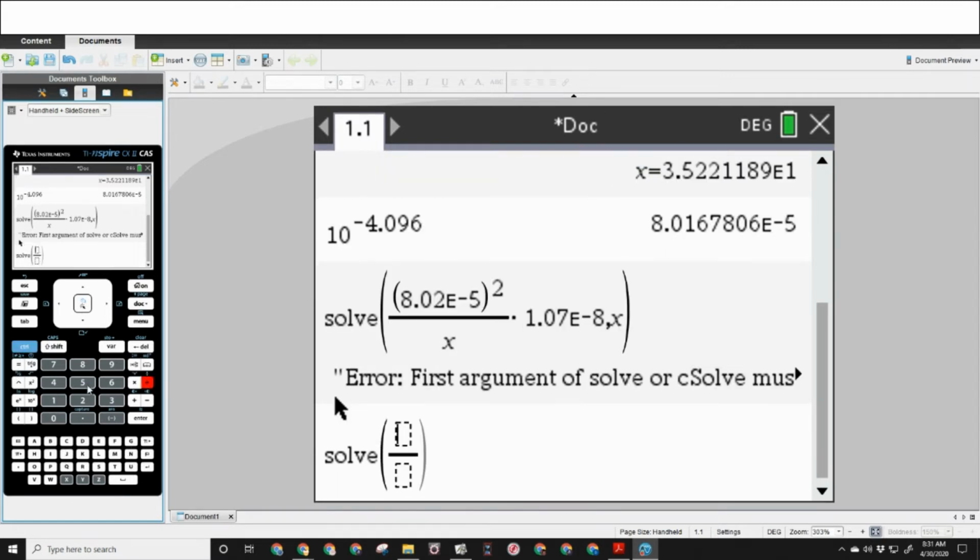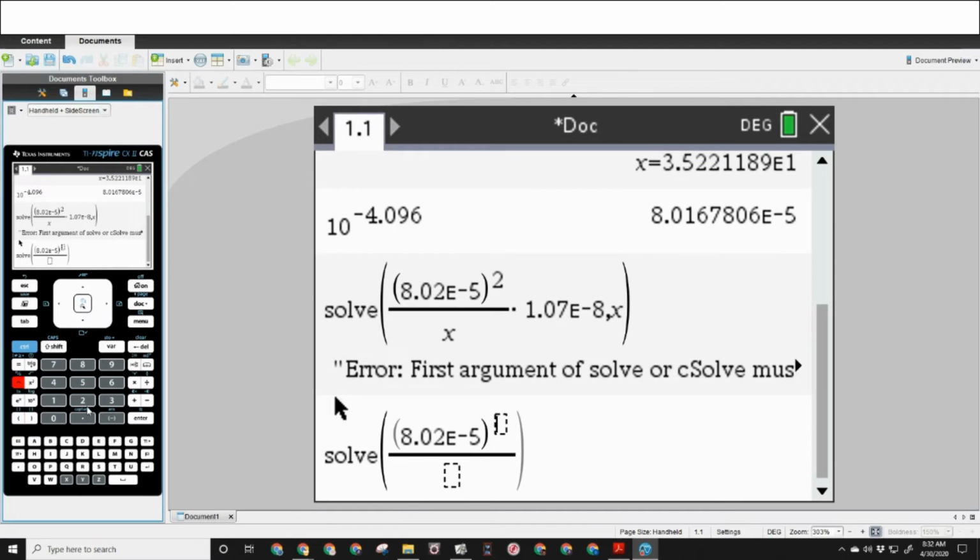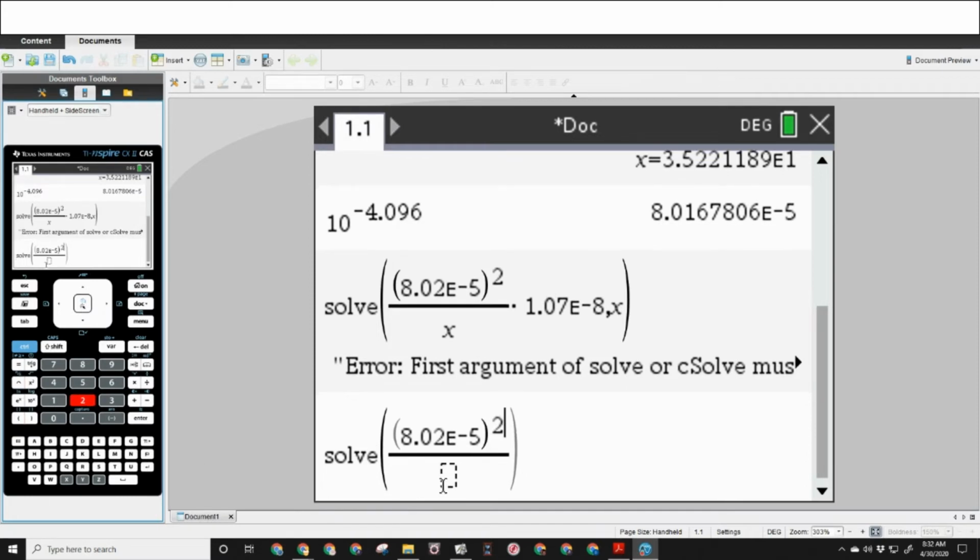8.02 times 10 to the negative fifth, and this is going to be squared over x, and this is going to be equal to 1.07 times 10 to the negative 8.